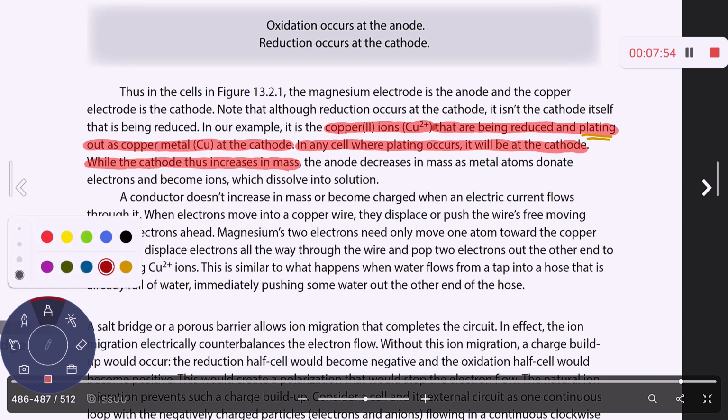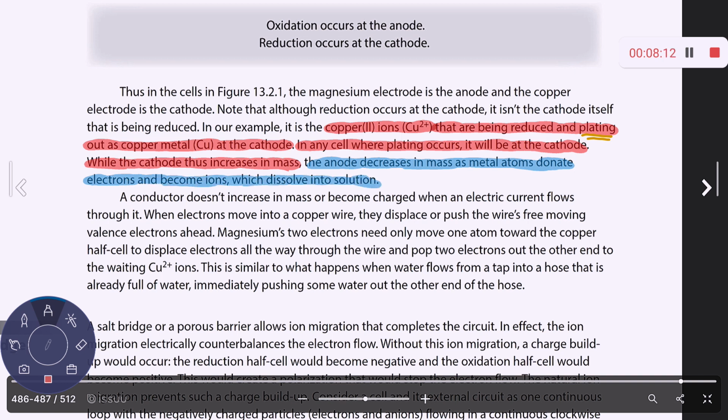And then for the other compartment, which is the anode is losing electrons. It will decrease in mass because we're converting those atoms into ions, and those ions will then just dissolve in the solution. So let's go back to the image on the previous page.